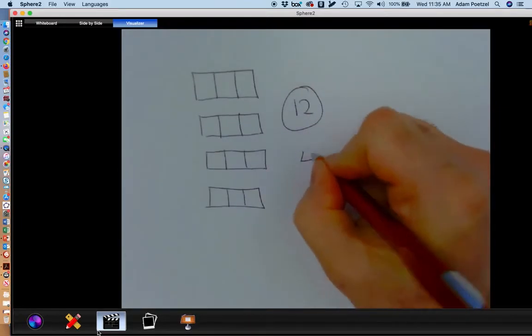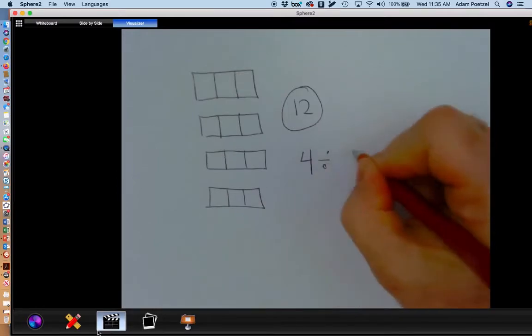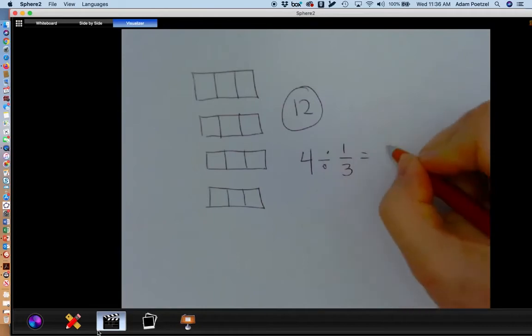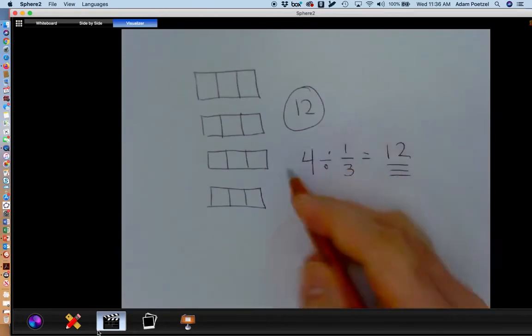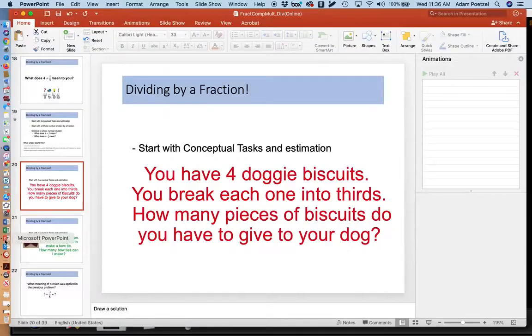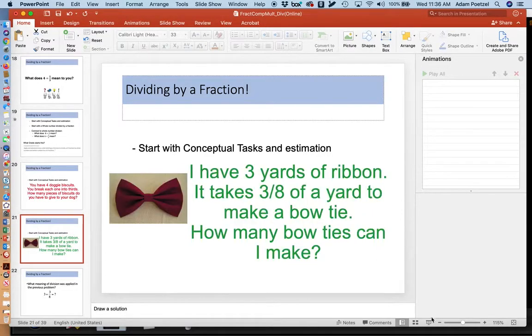And we always want to connect that back to the equation. So we had four doggy biscuits. We divided them into thirds each. And again, we see that the answer is 12. And just relating back to the connection between the visual and the original math equation is a good place to start.